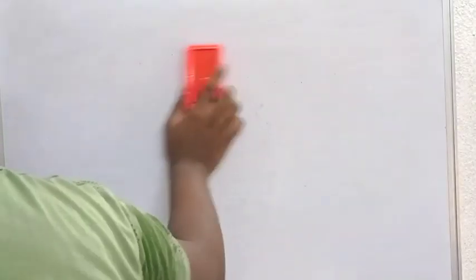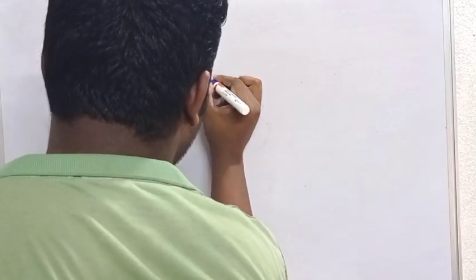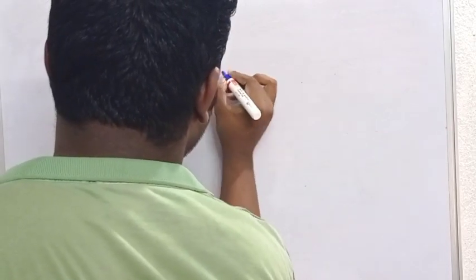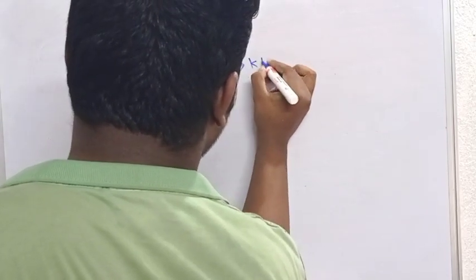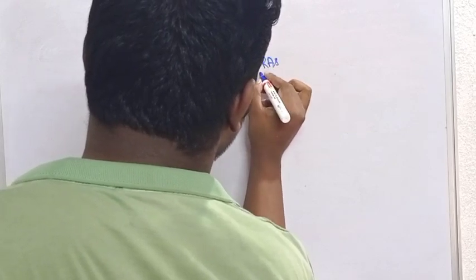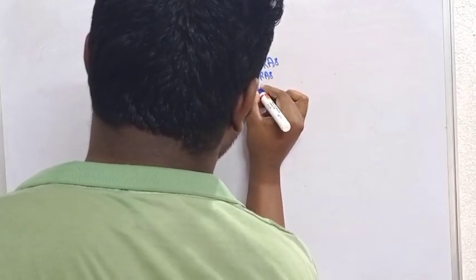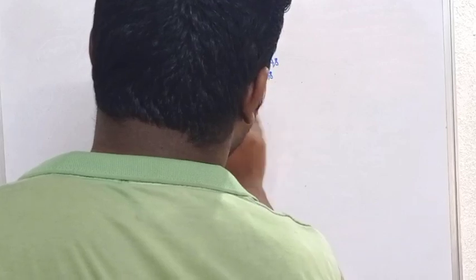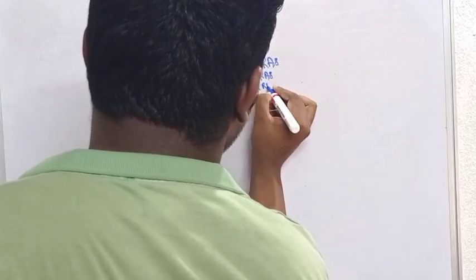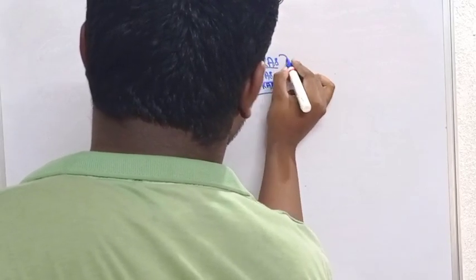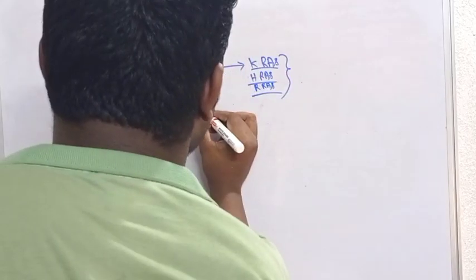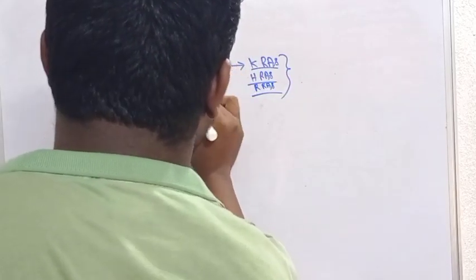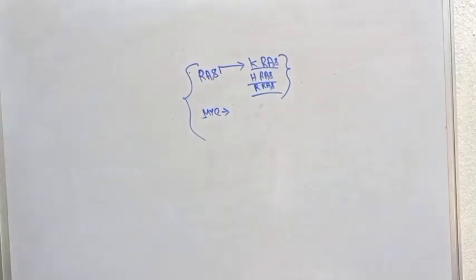Different kinds of proto-oncogenes have been discovered. The most important proto-oncogene is RAS. RAS has different subforms: KRAS, HRAS, and NRAS. And MYC. These are two important types of proto-oncogene.